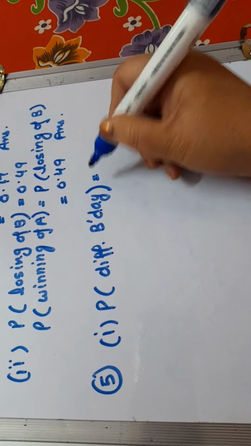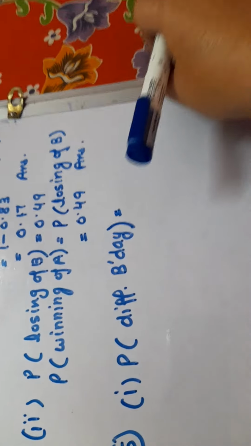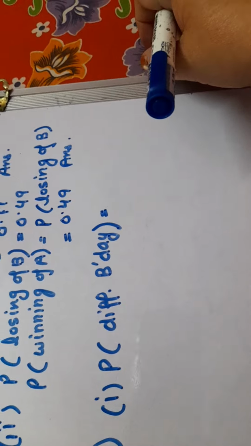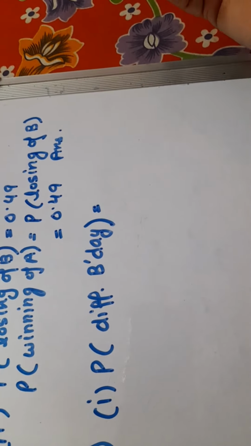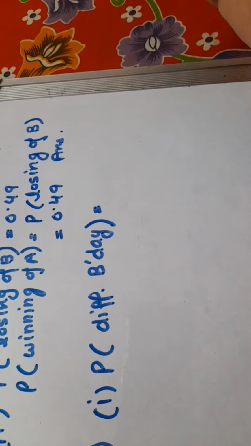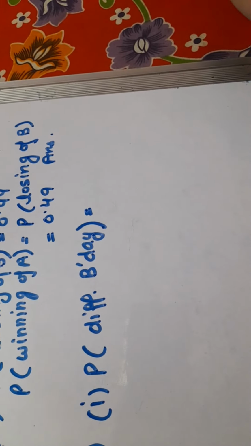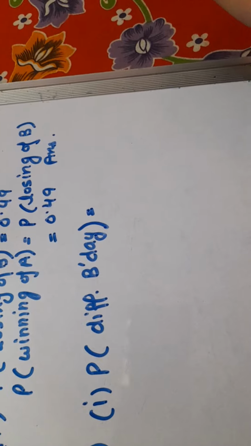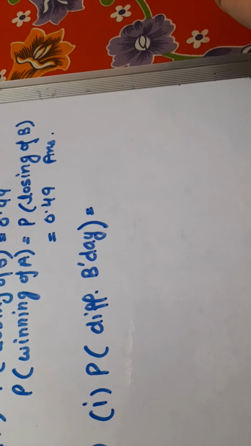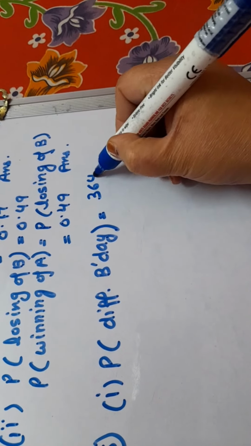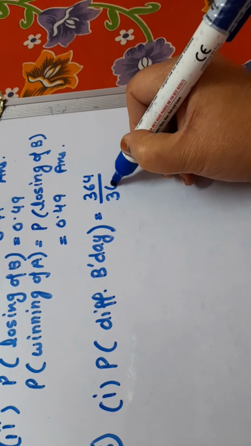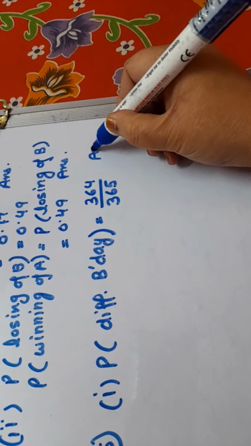So students, because they can't have the birthday on the same day, it means if one is having on Jan 1, the other will be having on Jan 2. If one is having on Jan 1, the other may be having for all the 364 days. तो उसका उनमें से किन्हीं भी 364 days में बर्थडे होना चाहिए. So our favorable outcomes will be 364. Total outcomes 365. So this is our answer.